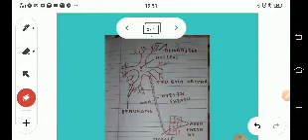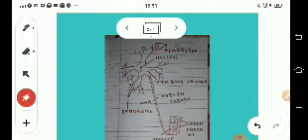The function of a neuron is that it receives and transfers messages to all the parts of the body. In the human body, an estimated 100 billion neurons are found, and these are some facts which you have to learn.